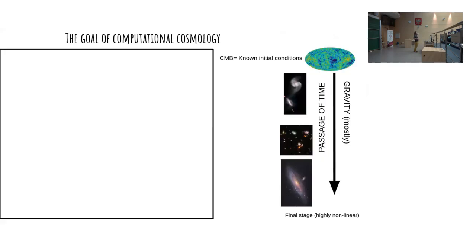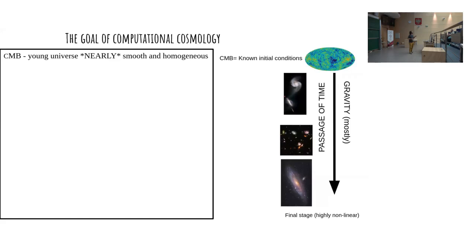So I would summarize the goal of computational cosmology, which is basically a field in which we extensively use computer simulations to model the universe, to understand the physics, and also to model the observations, as the following. We start from the CMB, when the universe is young, and nearly smooth and homogeneous.